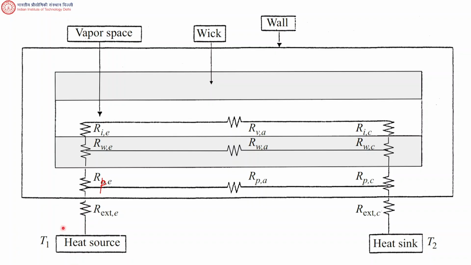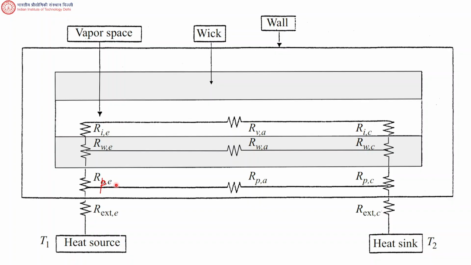So if there is convection, then this resistance will be like 1 over HA, that sort of thing. And then this is the pipe, this is the wick, this is the vapor space. There are 3 things, right? And the pipe resistance here is RPE.